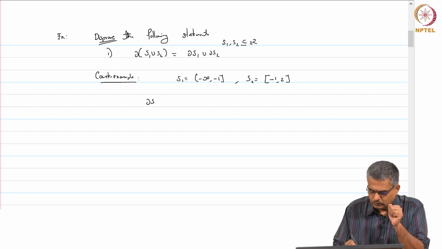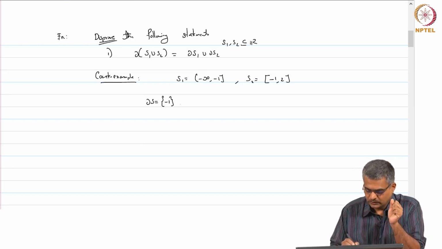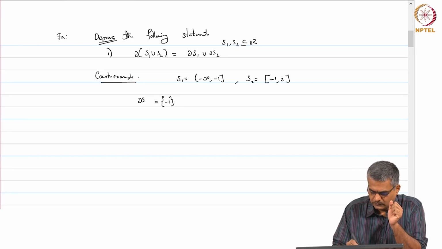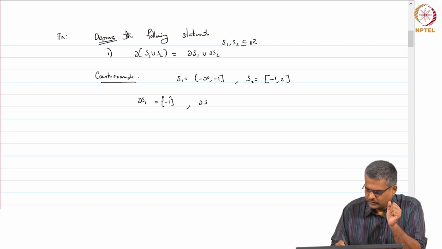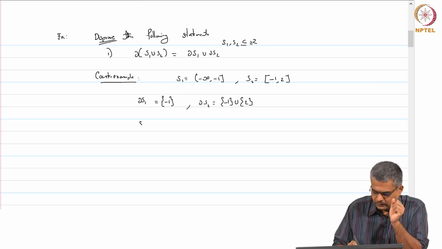The boundary of S1 will be just minus 1, because minus infinity does not belong to S1, whereas the boundary of S2 consists of both minus 1 and 2.